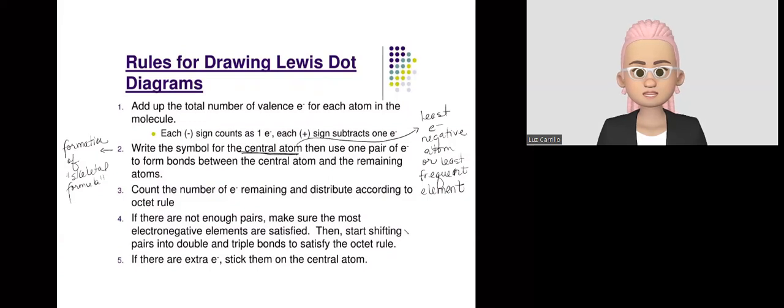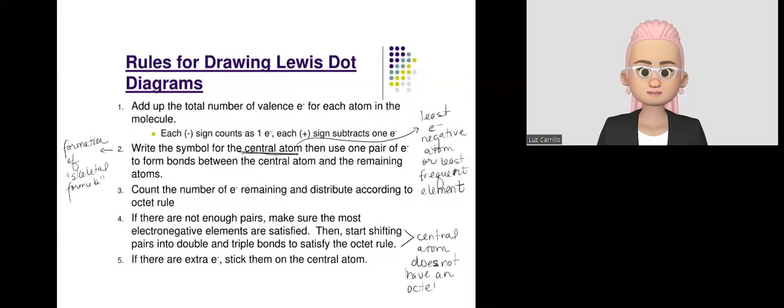This is especially if the central atom does not have an octet. And in the case that all the other atoms have satisfied their octet and there are extra electrons, you just place them on the central atom.